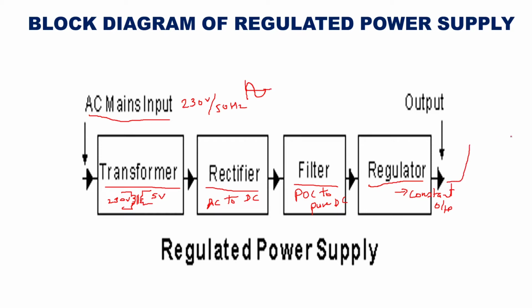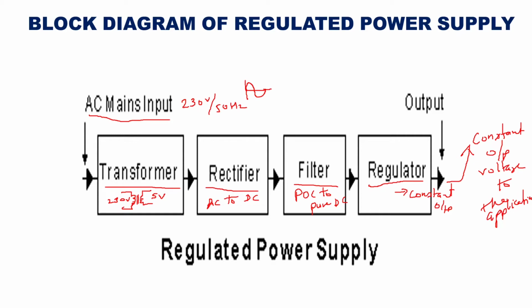Then it is given to an application. So you can give a constant output voltage to the application. This is the general working of a regulated power supply.